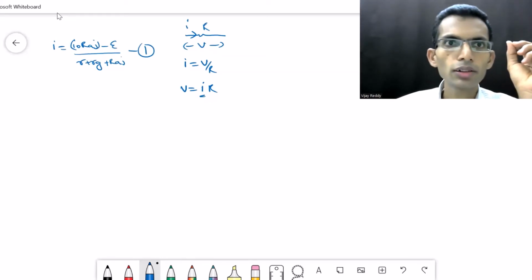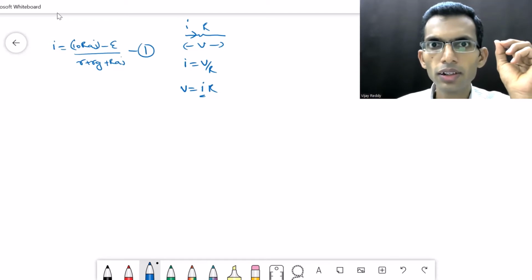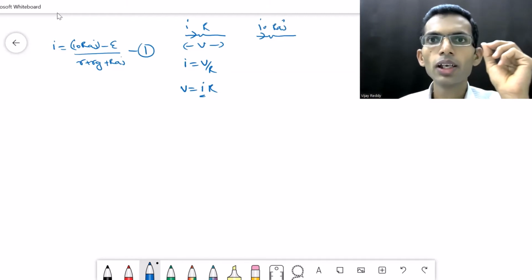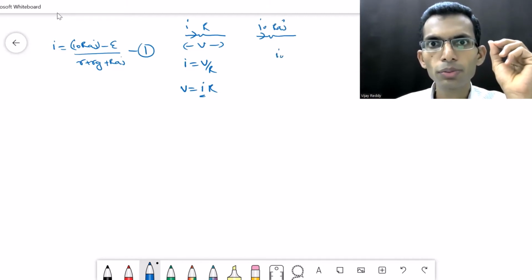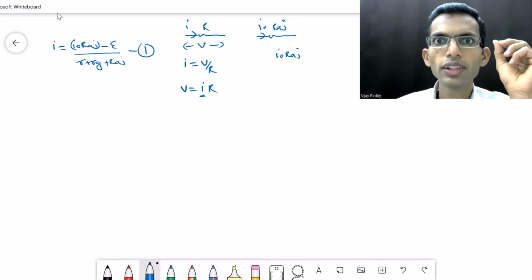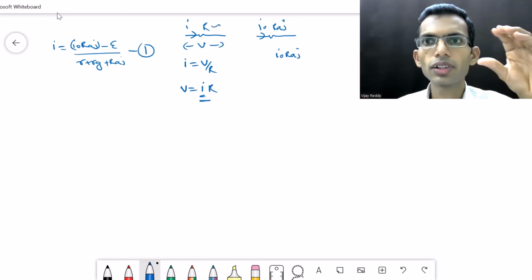Clear? Here also we have I naught RAJ. What does this represent? I naught represents the current flowing through that resistance RAJ. Understood? That product indicates the potential difference across the resistance, just like the first case.